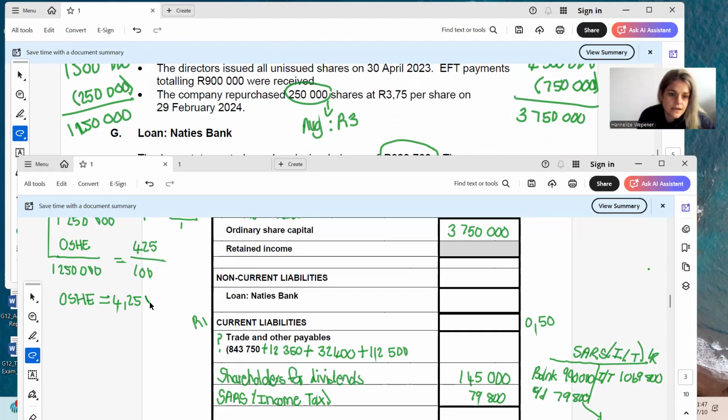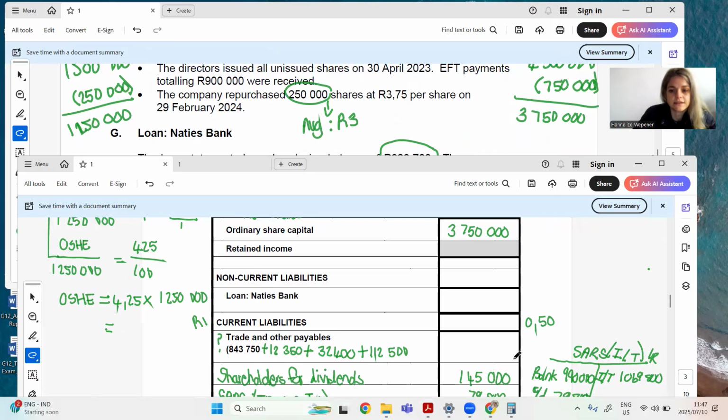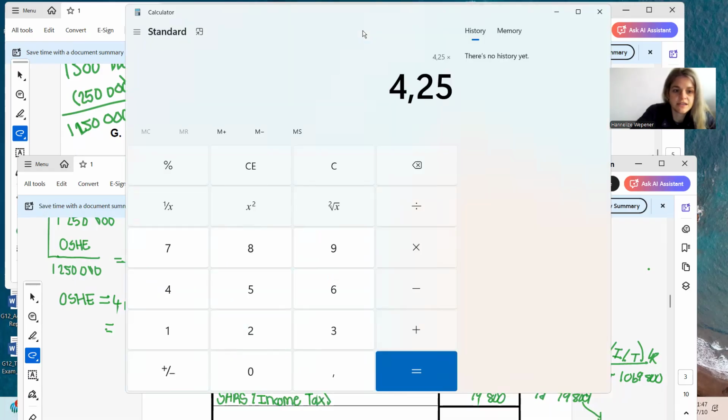That times by, because here it was below the line, now it comes above the line, times by 1250. So in other words, it is equal to, let me just get my calculator. 4.25 times 1250.